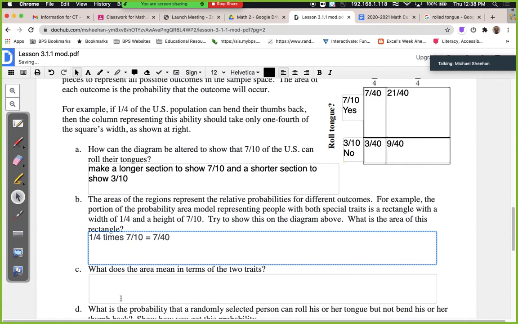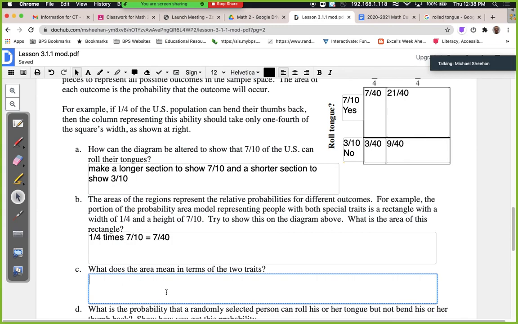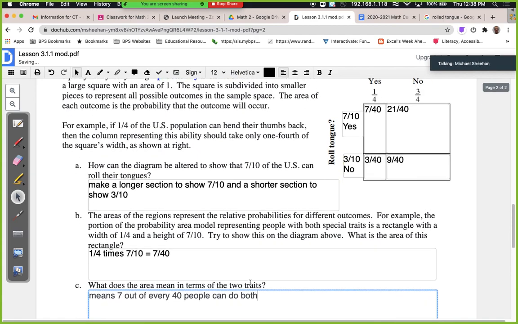That's the area of these. And what does this area mean in terms of these two traits? It means 7 out of every 40 people can do both. Can roll their tongues and bend their thumbs.